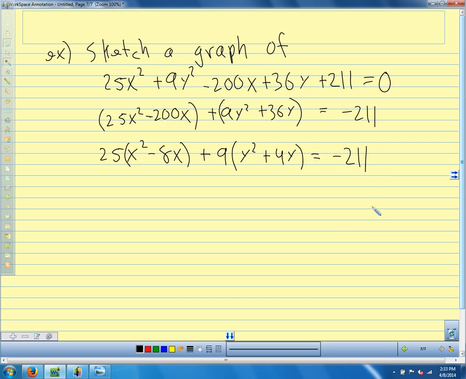And now we're set to complete the square. We'd complete the square on the x part, and on the y part, and we would remember, because we've done this enough times, that we have to distribute the 25 to whatever number we add inside here. We have to distribute the 9 to whatever our term is in here, and we have to add those two numbers, after we distribute the 25 and the 9, to this side.